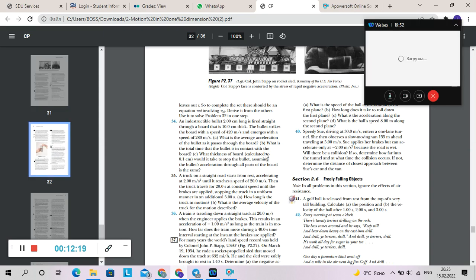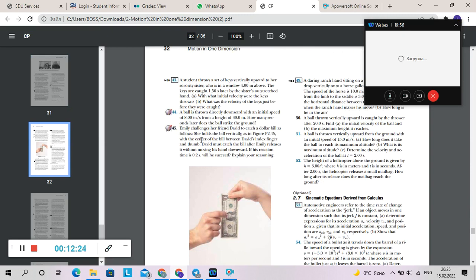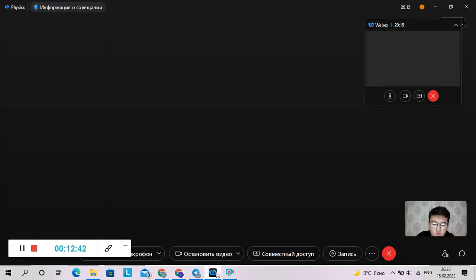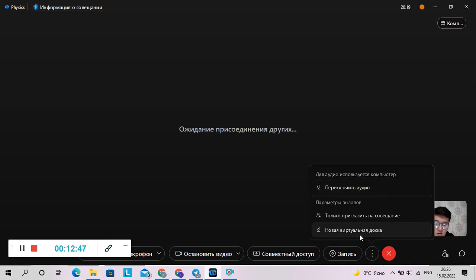And the next question is 44. A ball is thrown directly downward with an initial speed of 8 meters per second from a height of 30 meters. How many seconds later does the ball strike the ground? We need to find the time of the ball striking the ground.